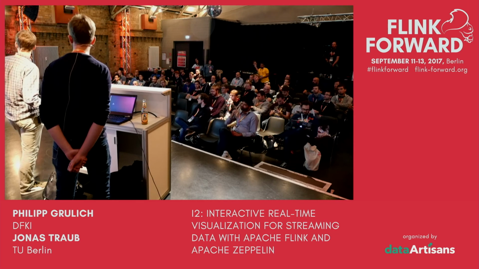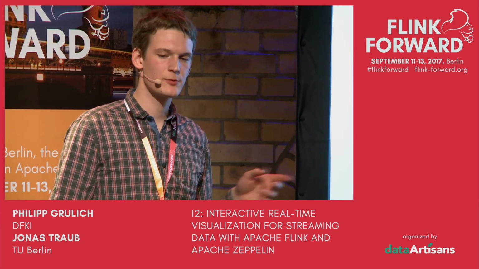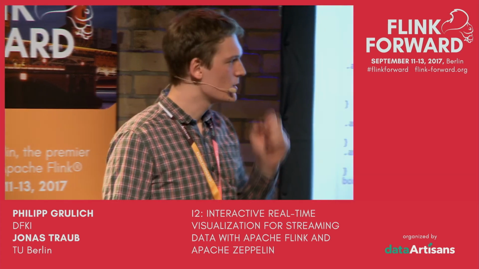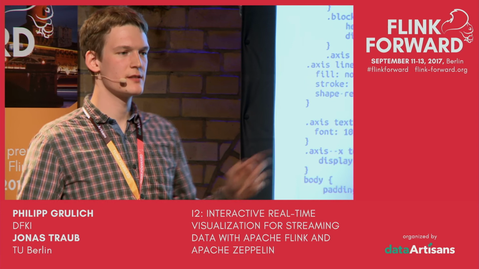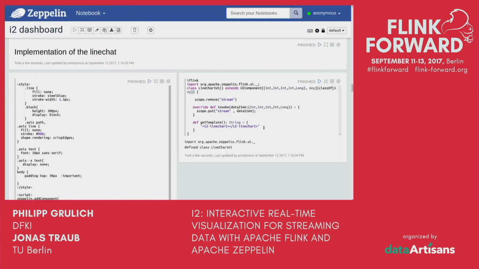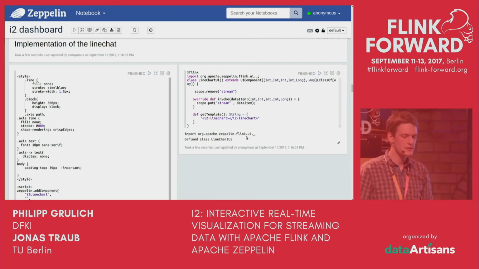Basically what we provide here is this interface which Philipp briefly showed, which integrates in Flink as a sink. So you can send the data you need by just implementing this interface as a sink, and this will then connect to the front end.